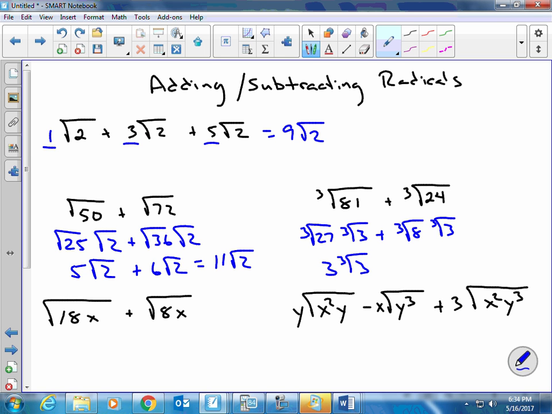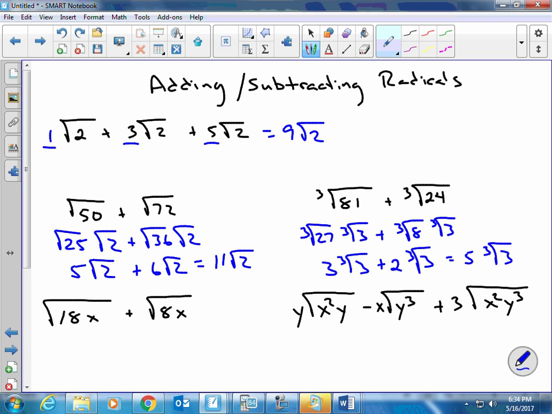The cube root of 8 is 2. And I have the 3 left alone inside. Notice what's inside the cube root now is the same. And I treat the number outside like a coefficient. And I have 5 cube roots of 3.